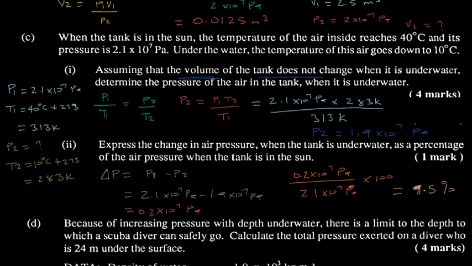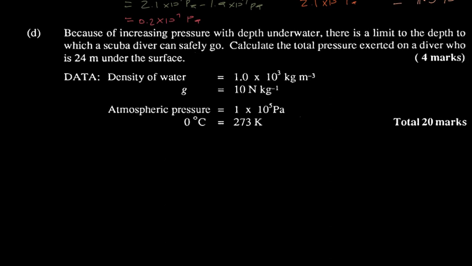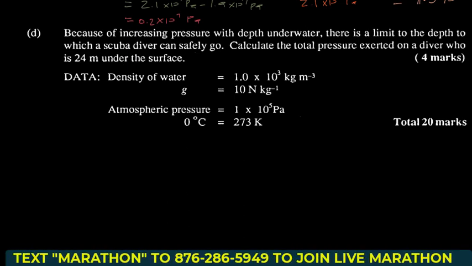Next one says that because of increasing pressure with depth underwater, there is a limit to the depth to which a scuba diver can safely go. Calculate the total pressure exerted on the diver who is 20 meters under the surface.